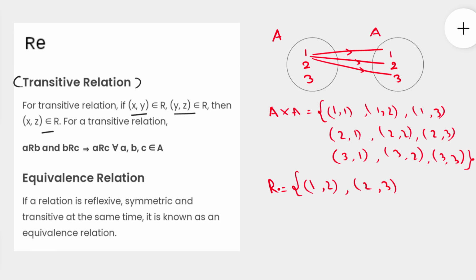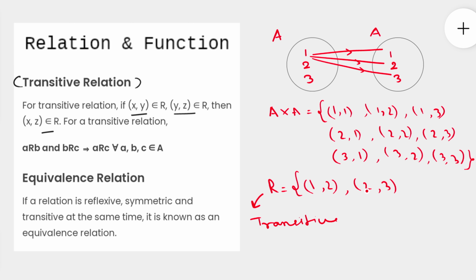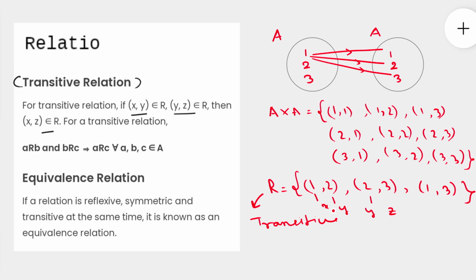Now when will this particular relation be called transitive? It will be called transitive if 1, 3 is also there in this relation, because you see what is happening here is that this 1 you treat as x, and this 2 you treat as y, and this will be your y and z. So if x, y belongs to R and y, z belongs to R, then x, z should also belong to R. That is the definition of transitive relation.